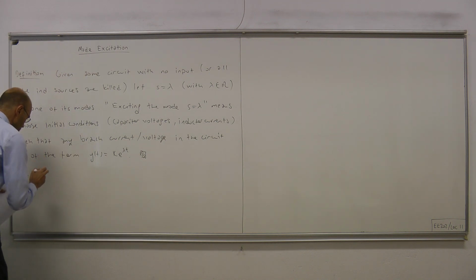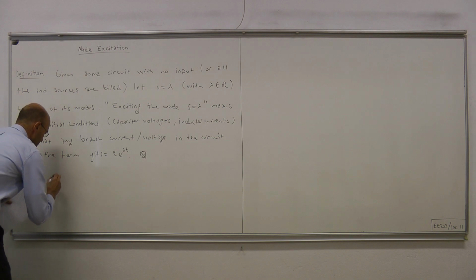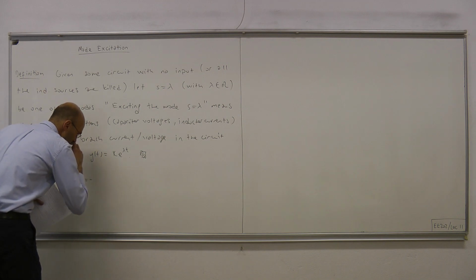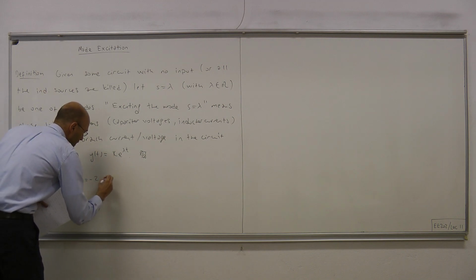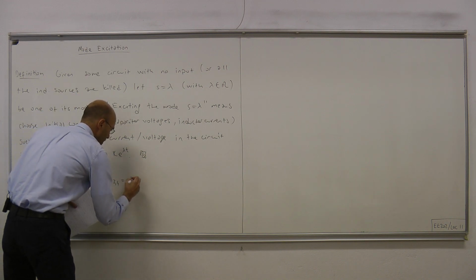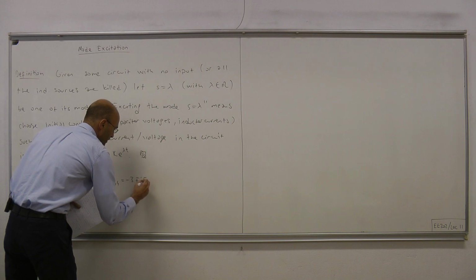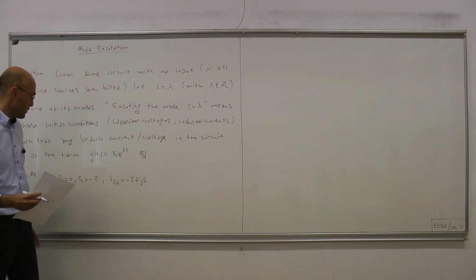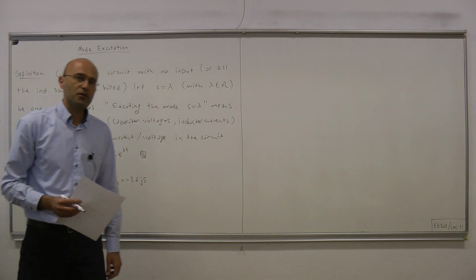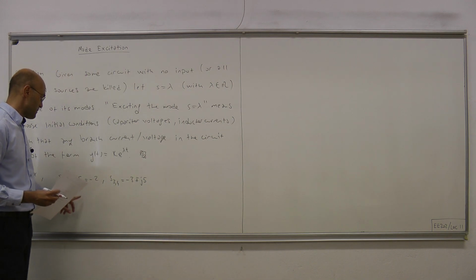Suppose that they are at s1 equals 0, s2 equals minus 2, and s3,4 equals minus 3 plus minus j5, let's say. So we're talking about a fourth order circuit with 4 natural frequencies.